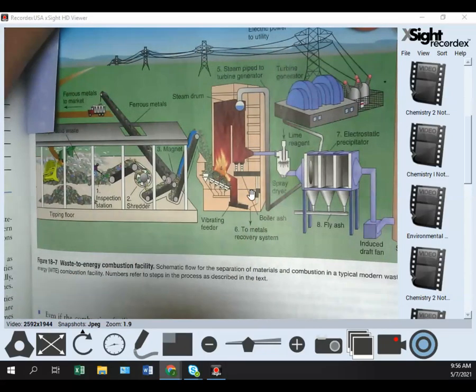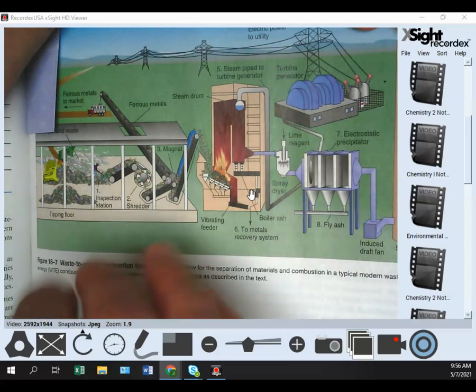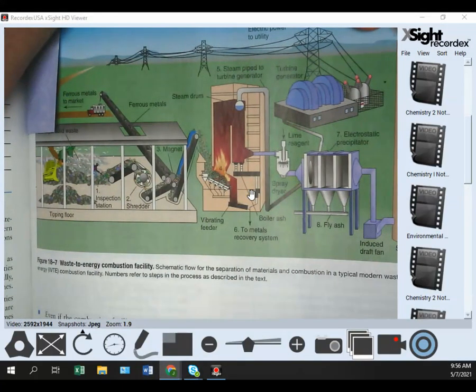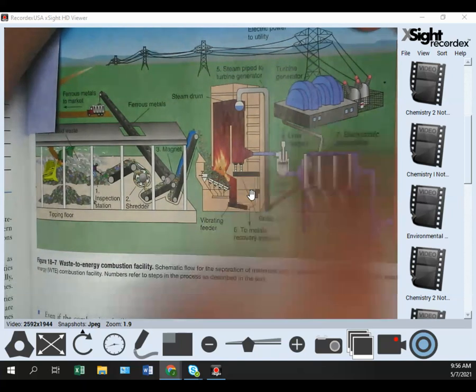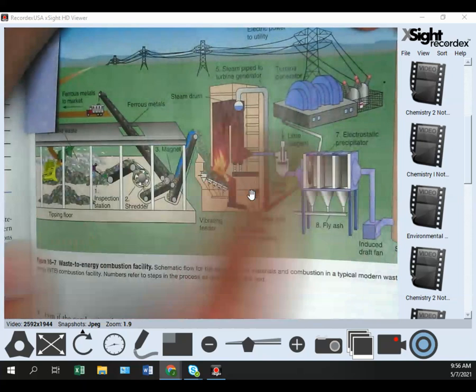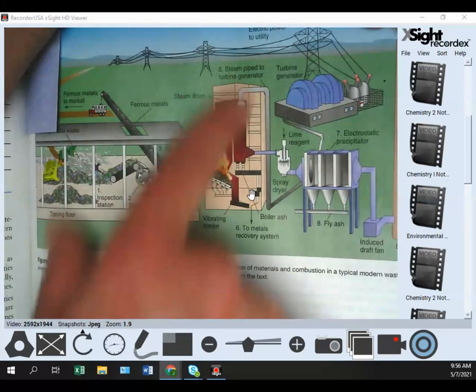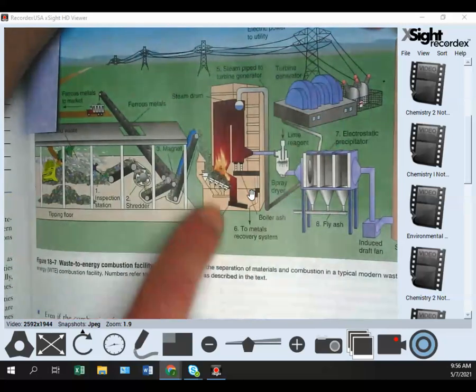Not all combustion facilities would necessarily have this ability, but to make it efficient and to help the cost of it, you really need to have that as part of it to make it really work. So, they use that heat to generate energy.